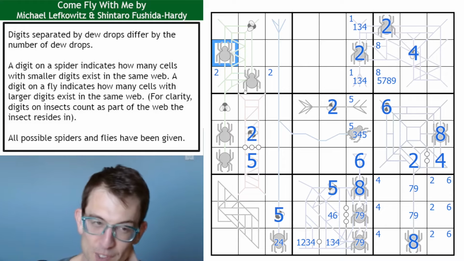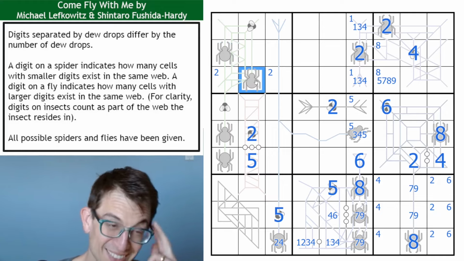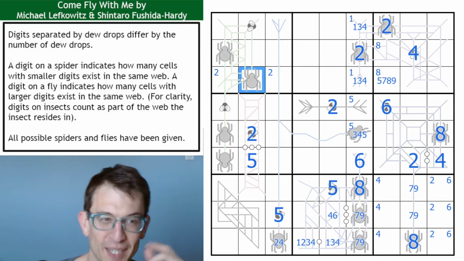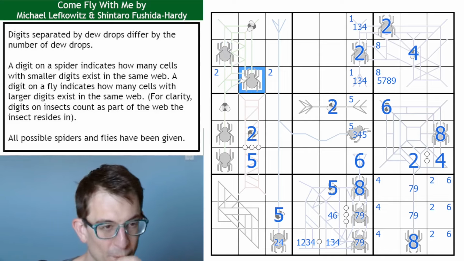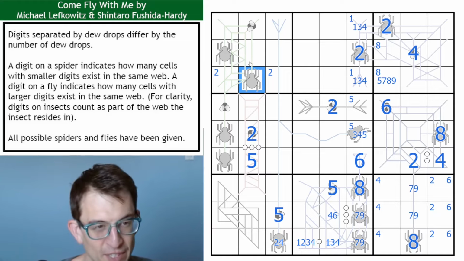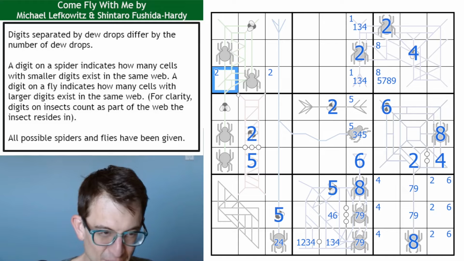So let's think about the bigger spider for a second. No, I don't know. How do I think about this? These spiders are at least 3. And they have to be more than most of these digits.